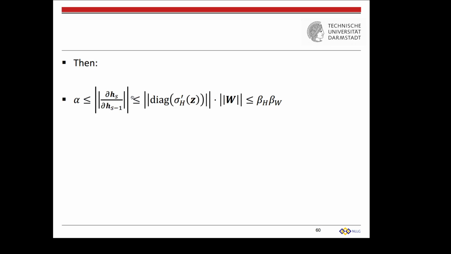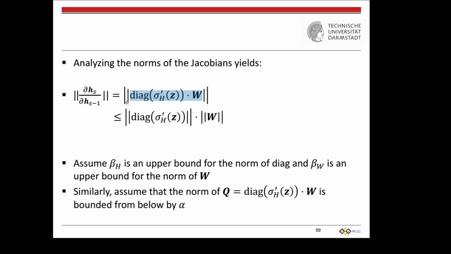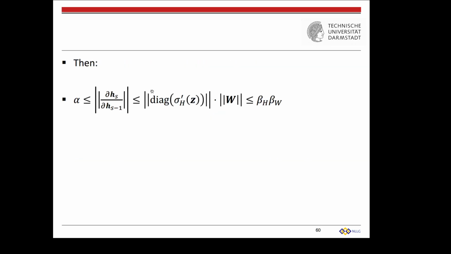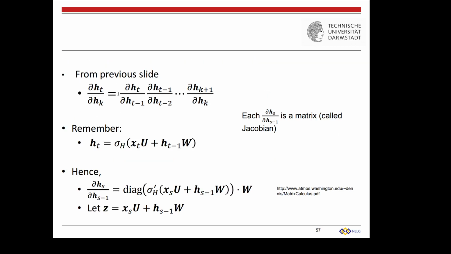As we've already seen in this equation before, this thing here is less than or equal to these two vectors, and we said, okay, let's bound these vectors in terms of beta h and beta w. Now we bounded one of those vectors, but we're still after this whole thing here, right? So now we bounded each of these vectors here.